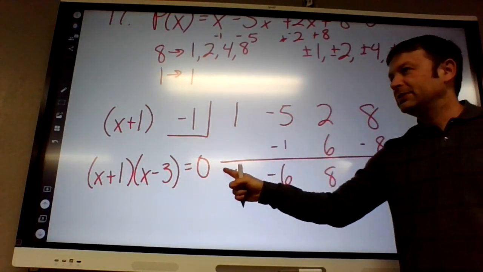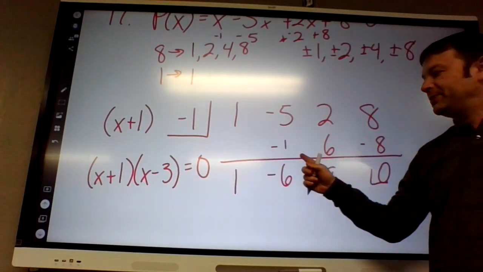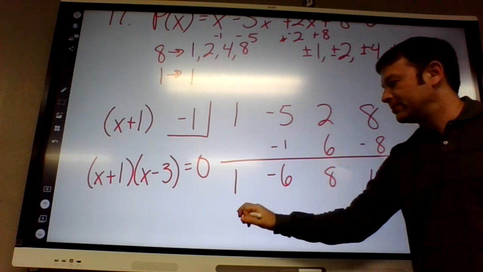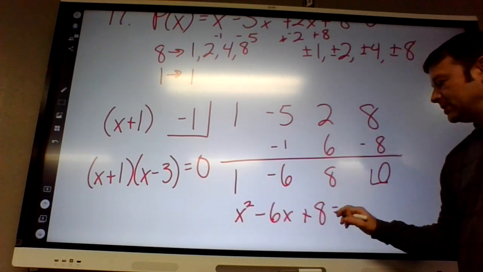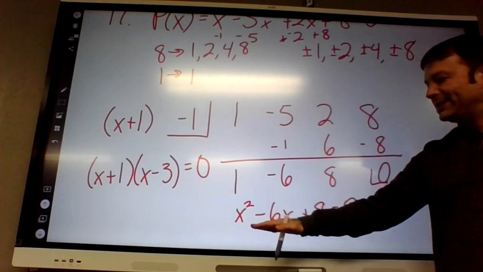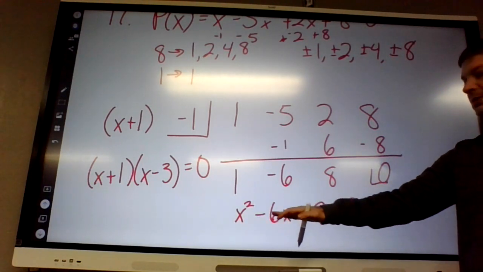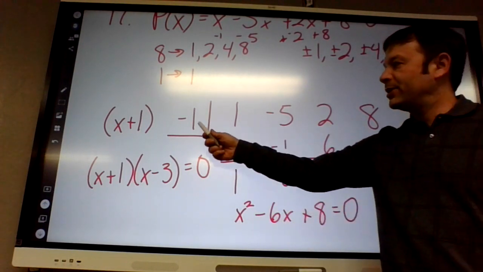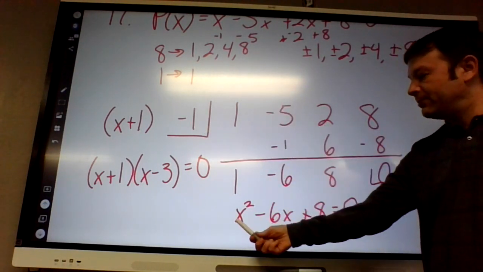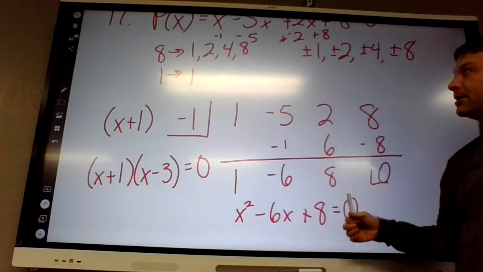leftovers. So basically what I'm saying is down here, remember this stood for x squared minus 6x plus 8. This contains the last two answers. Just this little quadratic right here. So it's kind of like I found one of the answers, I divided it out, and my last two answers are hidden in here.